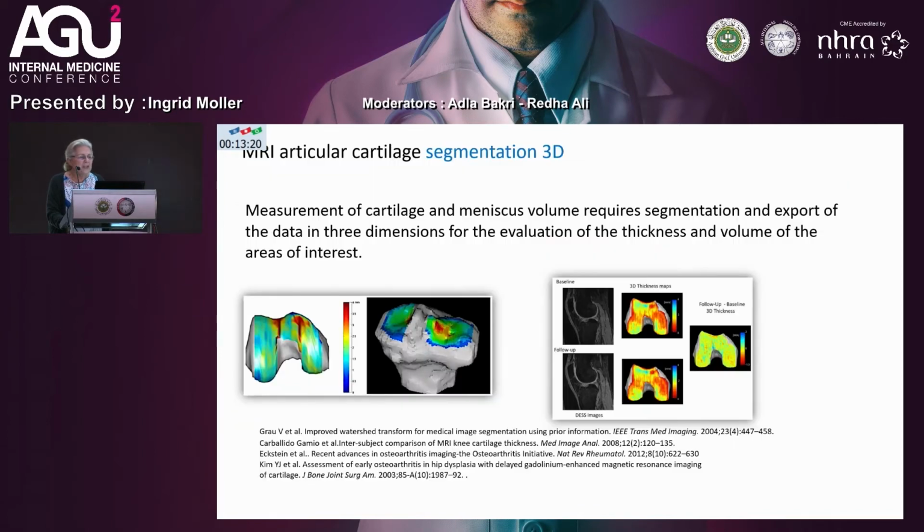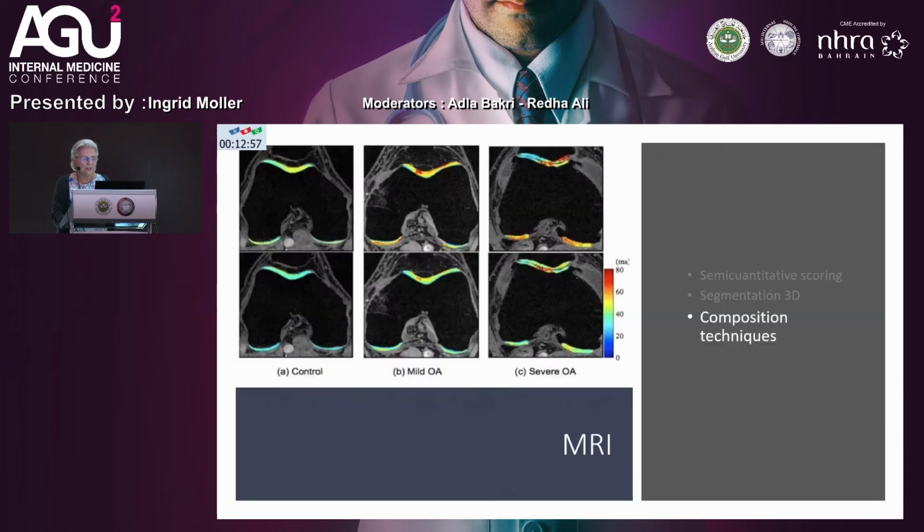What about segmentation? Segmentation is something that we can do when we want to measure the cartilage and the meniscus volume. In that way, we need to make parts and export this data in the three-dimensional image for the evaluation of the thickness and the volume of the areas of interest.